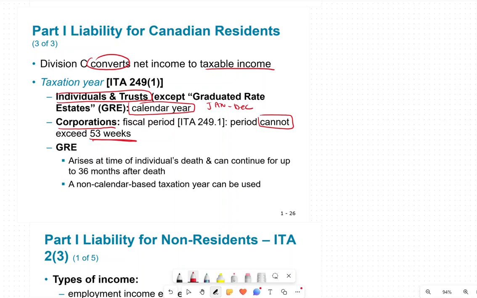When we think of individuals that die, the tax year arises at the time of the individual's death and can continue for up to 36 months after the death. But a non-calendar year can be used for estate planning.